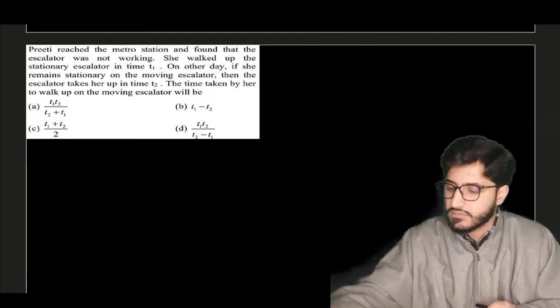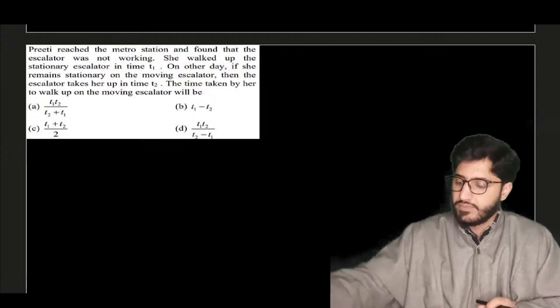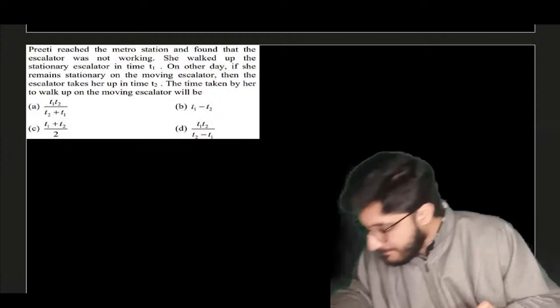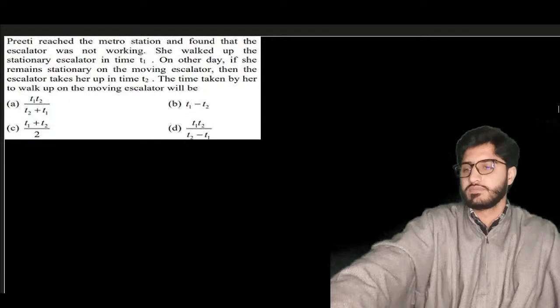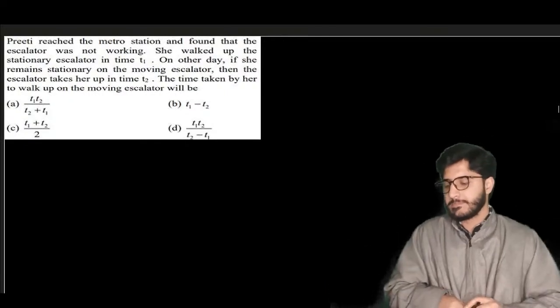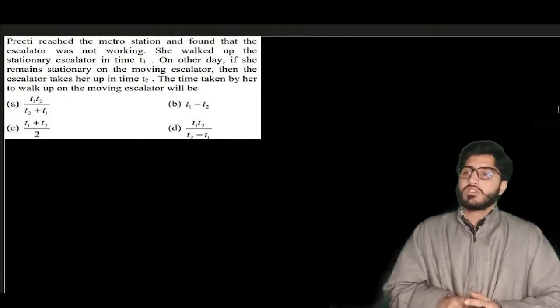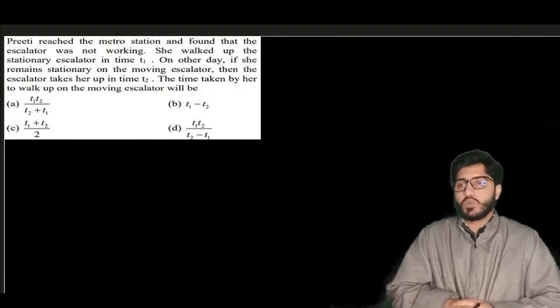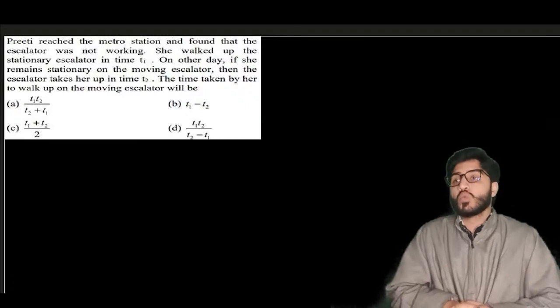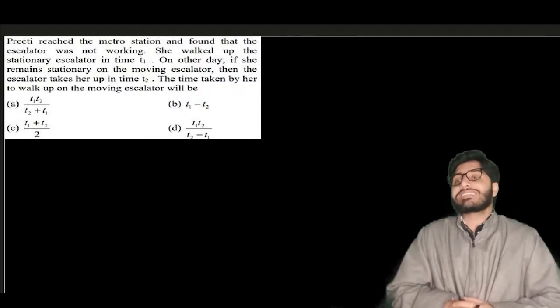Is this numerical visible to you now? I will zoom it out. Yeah, it's correct now. The time taken by her to walk up on the moving escalator will be.